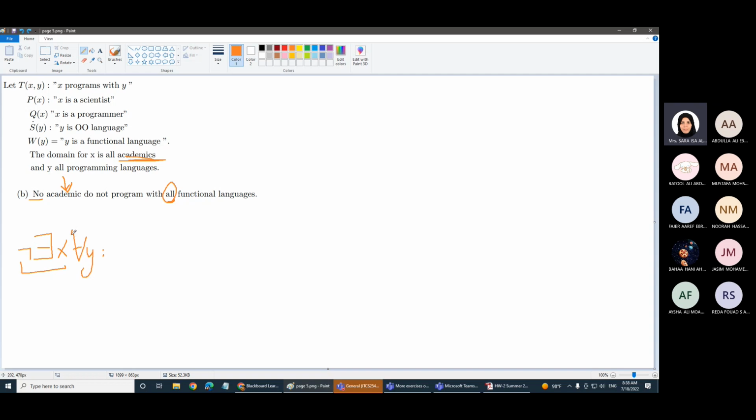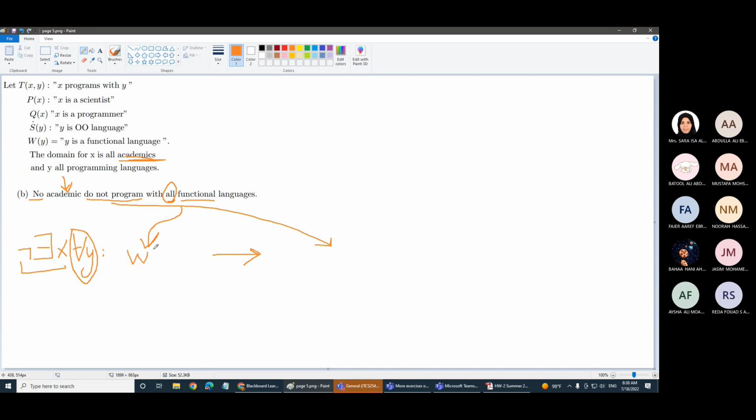So here I will start with all now. Is there any adjective? Yes, there is an adjective. Because there is an adjective for the second one, I will put the implies, because it is for all. Functional should be written here and the connector should be written here, on the conclusion side. Functional means what?